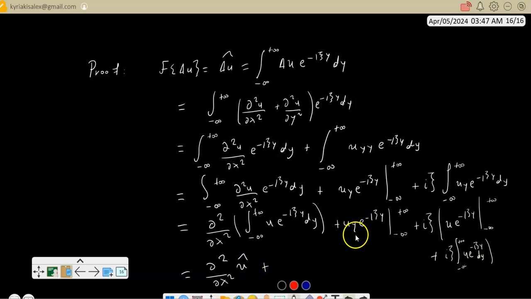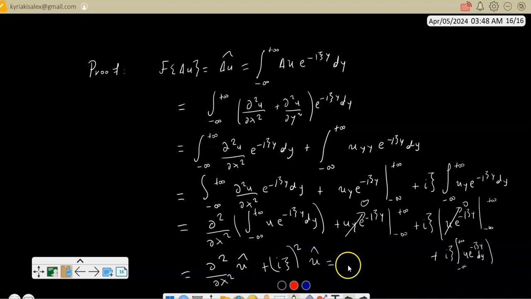From the assumptions, I know that my partial derivative vanishes when y grows, so this term should go to 0. And also I know that the function vanishes as y grows, so this will also go to 0. And what I end up with is xi squared u hat.